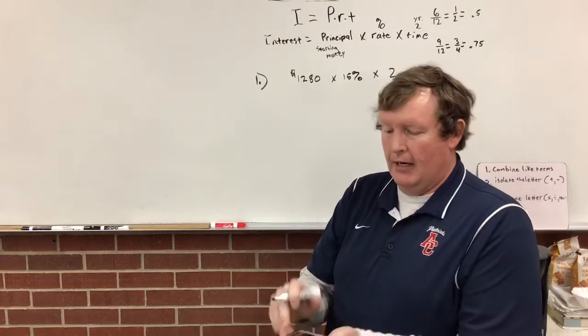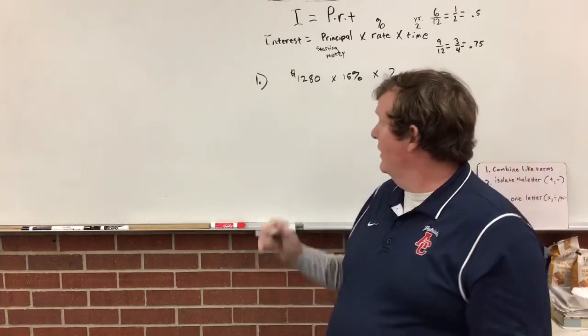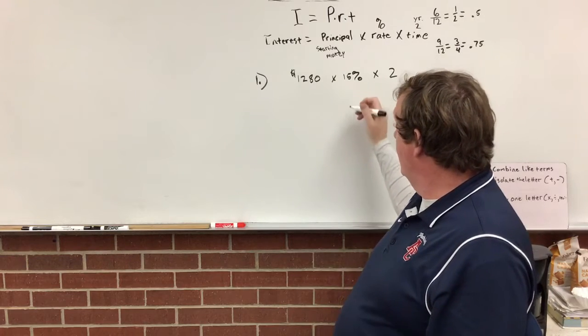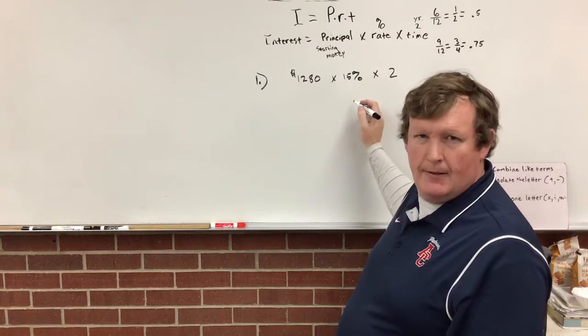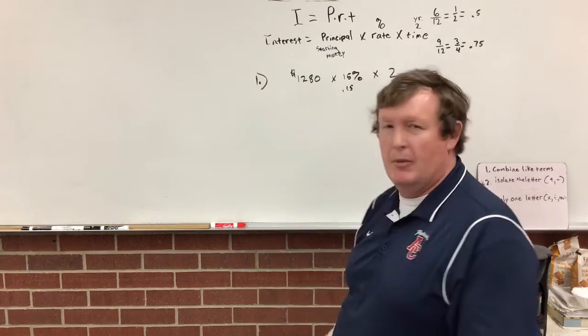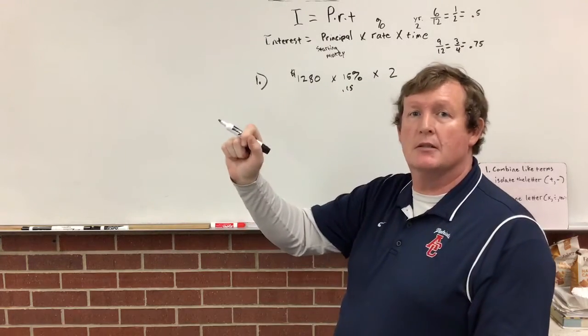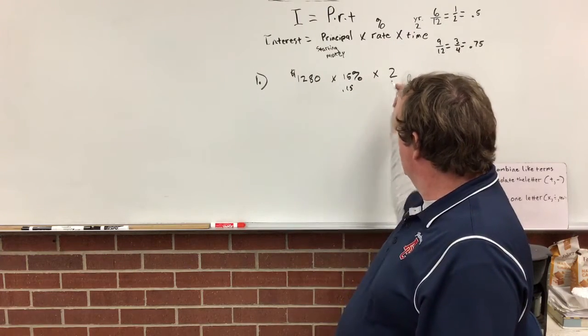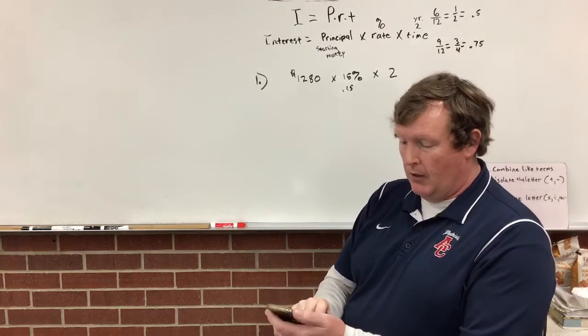So, like we said, you got your handy calculator, take 1,280, change 15% to a decimal, which is, if you said 0.15, you would be right. Move the decimal to the left twice. Okay. 1280 times 0.15 times 2. Here we go.